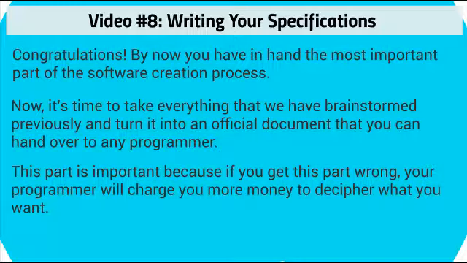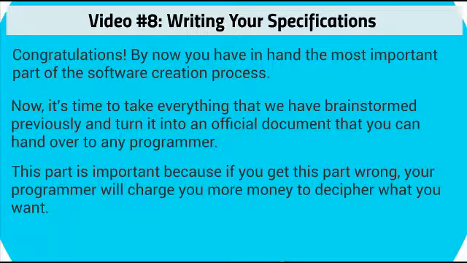So what we talked about in the previous video about the telephone game, where you tell somebody, they tell somebody, and they tell somebody. Even if it's 3 people, by the time it gets to the third person, it's totally different. So that's why you want to have something in a written document, which essentially is your contract between you and the programmer.